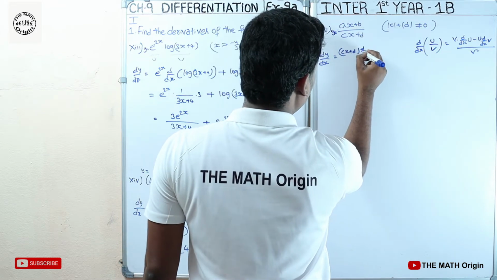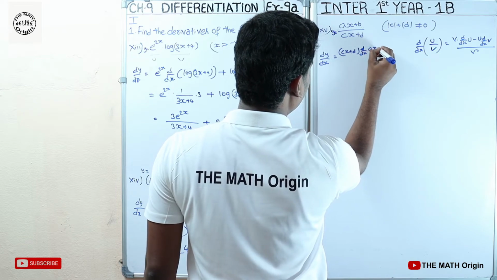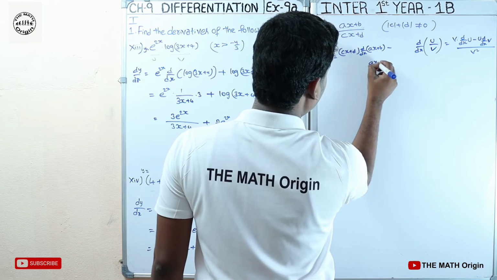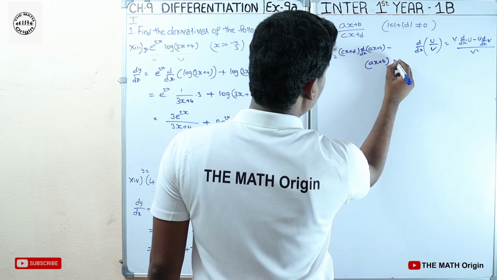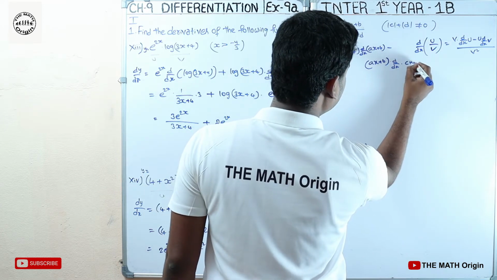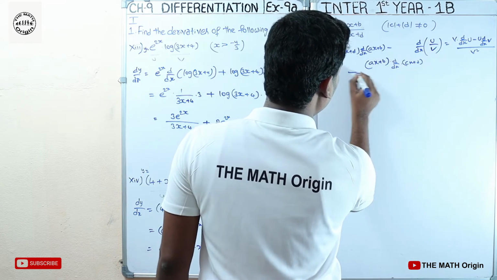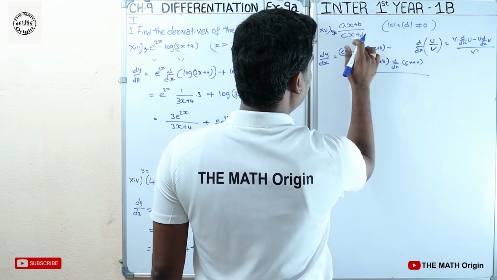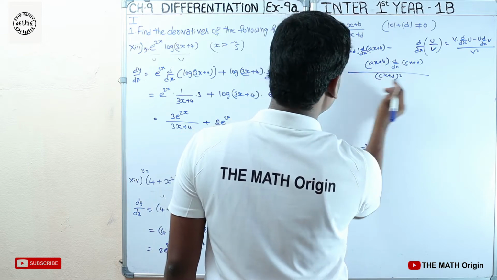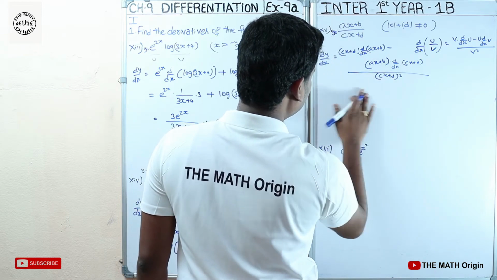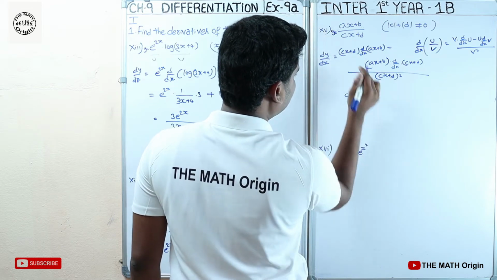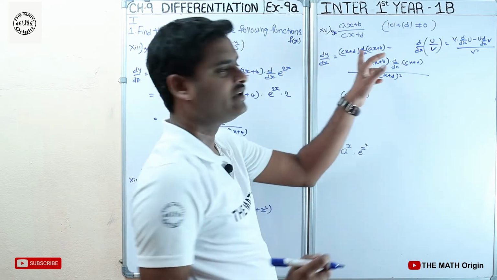So let's write ax plus b minus, u means ax plus b, into d by dx of v, that is cx plus d, whole divided by v square, means cx plus d whole square. Therefore that is equals to cx plus d into d by dx of ax plus b.